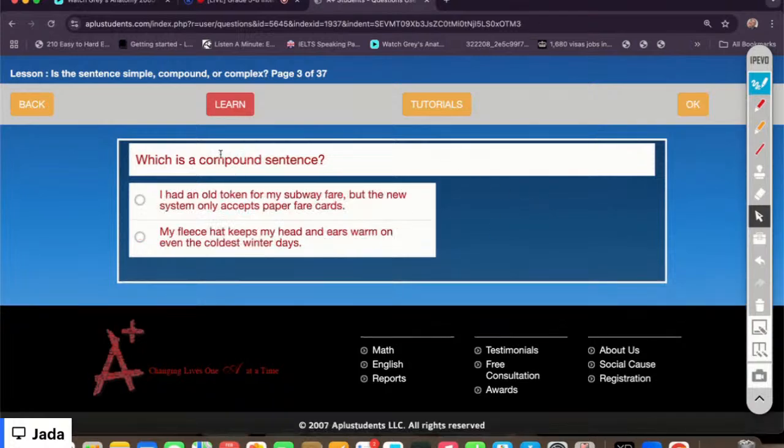So, which is a compound sentence? I had an old token for my subway fare, but the new system only accepts paper fare cards. My fleece hat keeps my head and ears warm on even the coldest winter day. So, which is the compound sentence here, the first or the second? Remember that compound sentences have the coordinating conjunctions, and we have only four coordinating conjunctions.